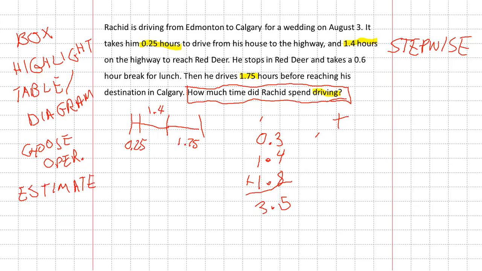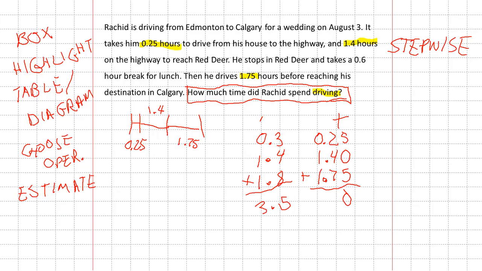Now let's do the actual values. 0.25, 1.4, and 1.75. We remember from our lesson on adding decimals that we make sure that the decimals line up. If needed, we add any extra zeros. 5 plus 5 is 10.